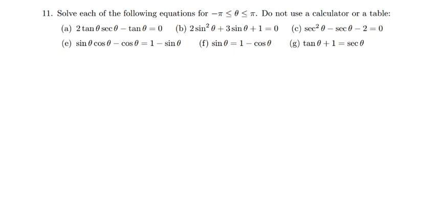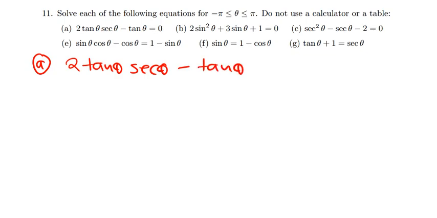Okay, let's start with the first one, where we're given 2 tan of theta secant of theta minus tangent of theta equal to 0. How do we answer that equation? How do we go about it? Since we've got tan being common, we can just factorize it.